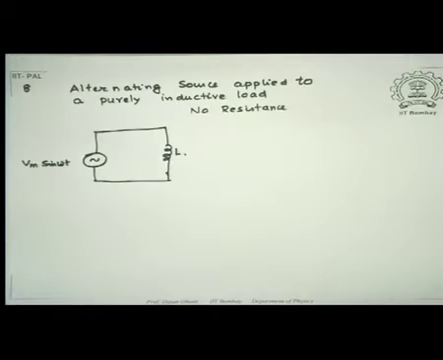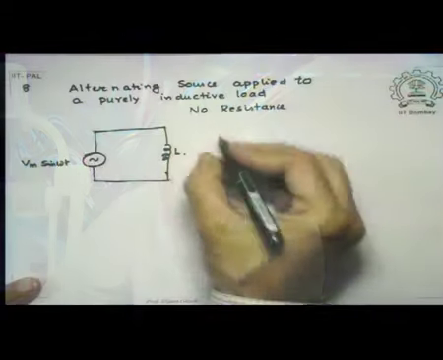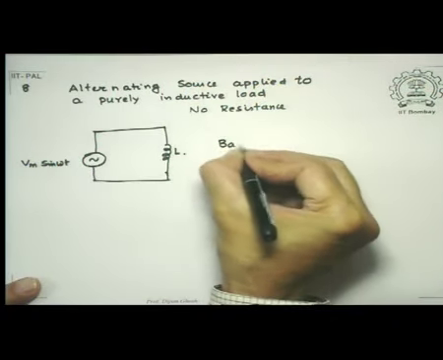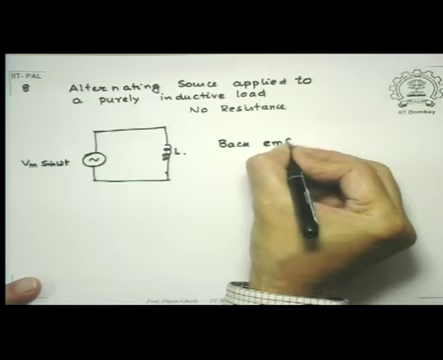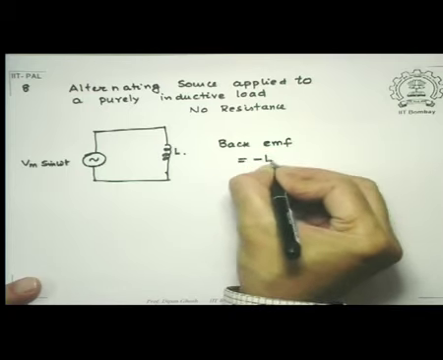Now once again, I'll use Kirchhoff's law here. And you remember from your discussion of Faraday's law and the properties of inductances that inductance provides what is known as a back EMF. So what we get is this, and this back EMF provided by the inductance is minus L di by dt.